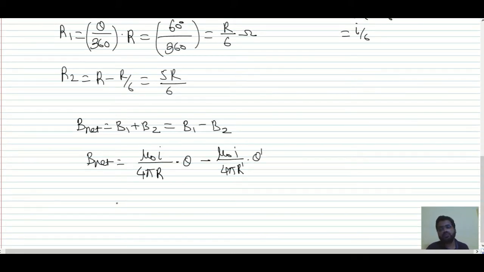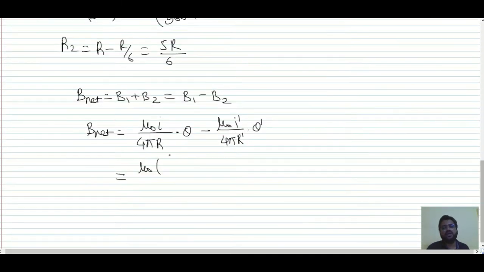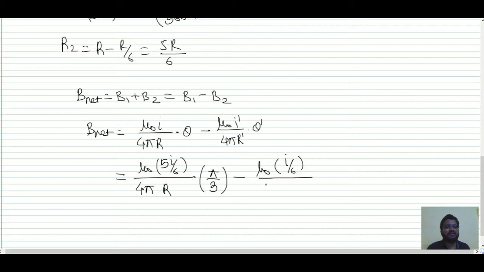Okay, so over here this is I dash only. For the first conductor, I is 5I divided by 6, divided by 4 pi. Radius is R only, and theta we have is 60°, that is pi divided by 3, minus mu naught, what is I in the second conductor? I by 6 divided by 4 pi, what is R dash?